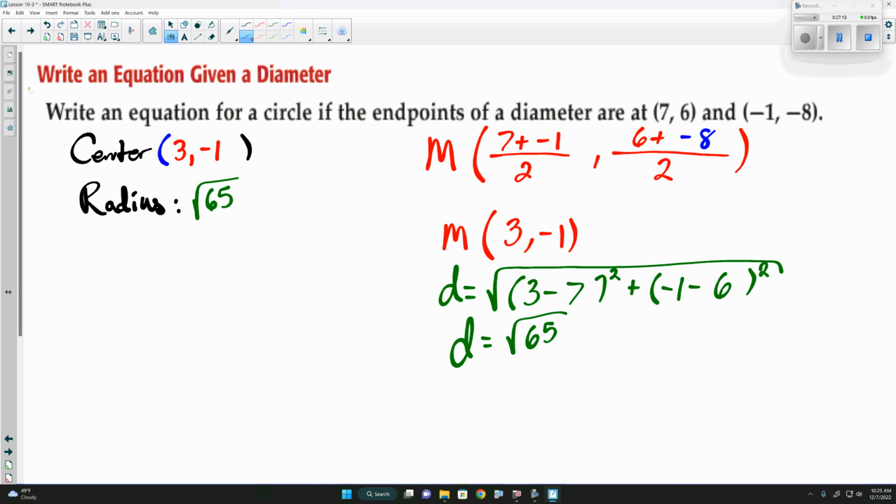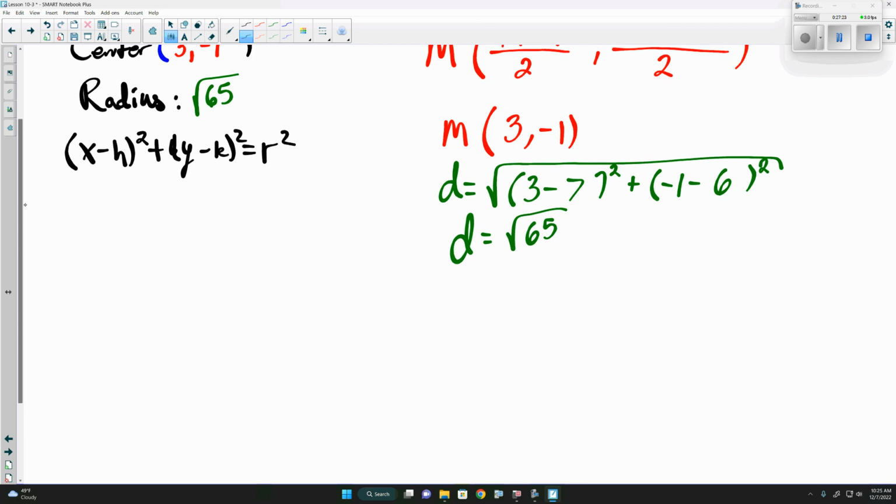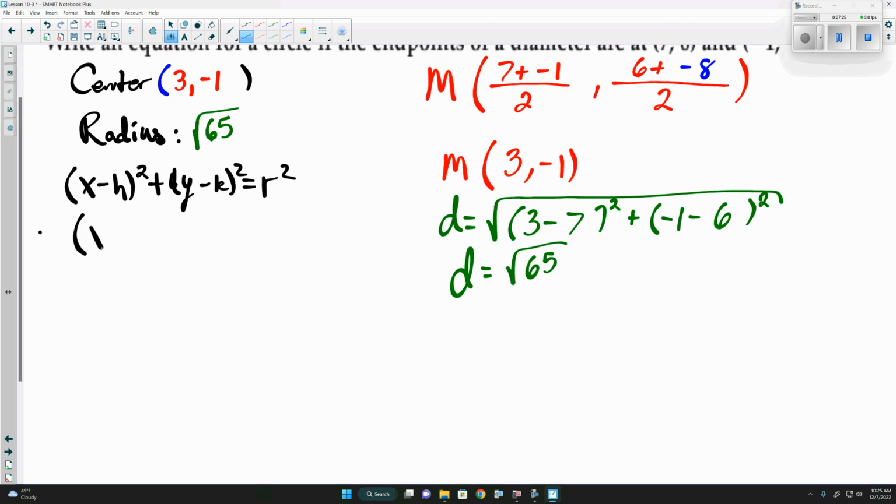Now we just need to plug it into the equation. So it'd be x minus 3 squared plus y minus -1 squared is equal to square root of 65 squared.